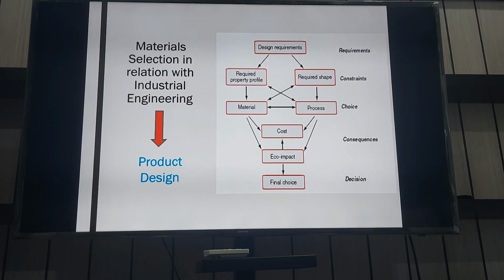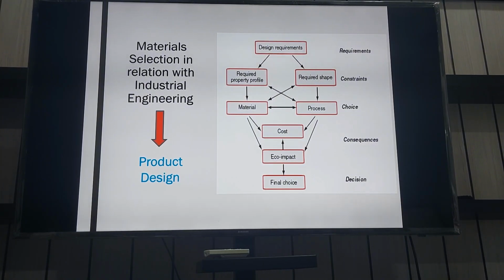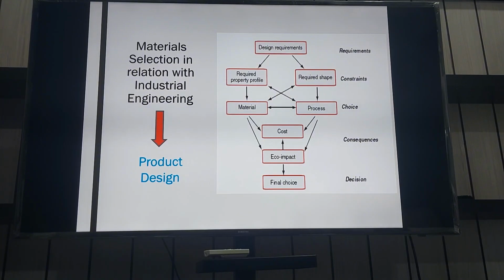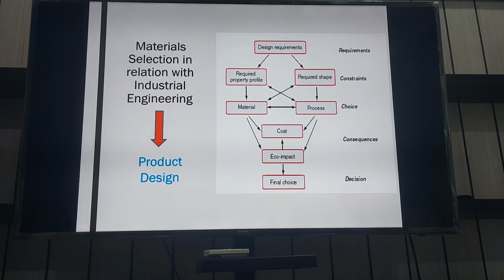But if we add another constraint, maybe aesthetic, yeah, aesthetic or formability, can we shape plastic into round shape, square shape, triangle? Okay.